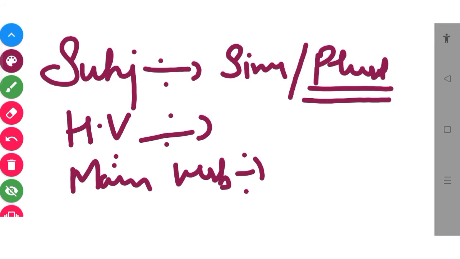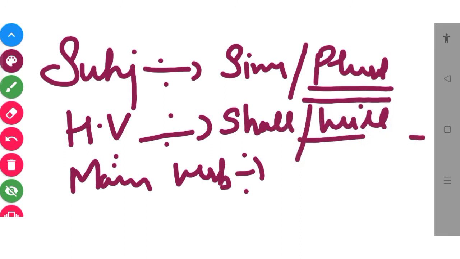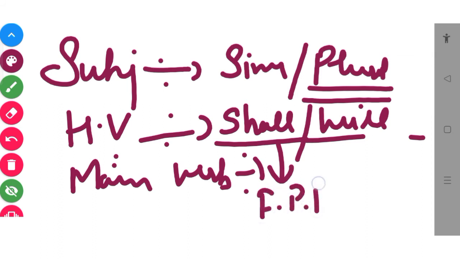In the future case, it doesn't matter whether the subject is singular or plural with the helping verb. But the personal pronouns do matter. The helping verbs that are used in the simple future are shall and will, where shall would be used for the first person pronoun only, and will be used for the second and third person pronoun.